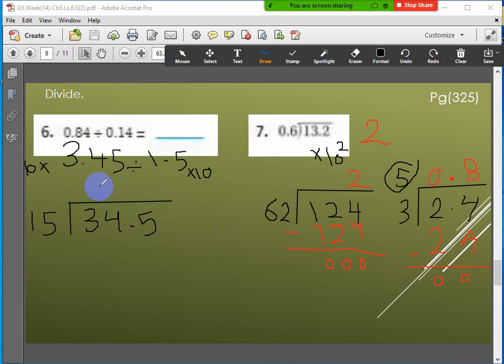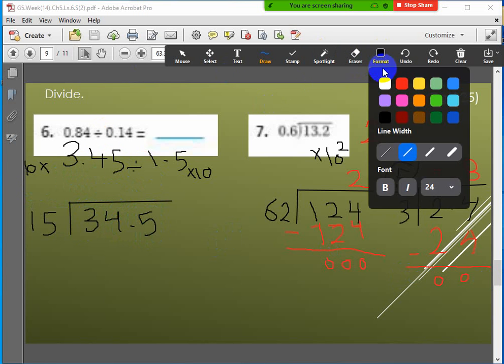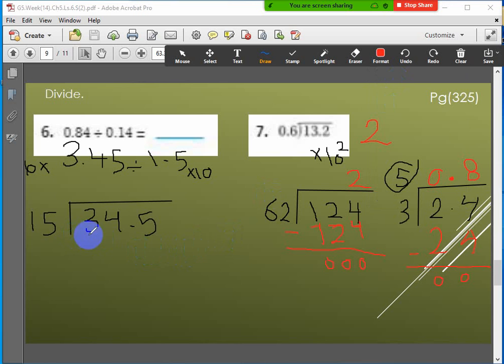Now I will divide those numbers, 34.5 on 15. So let's now see Rinad. Now I will start with 3. Can I divide the 3 on 15?